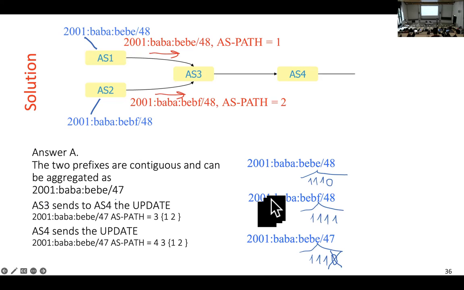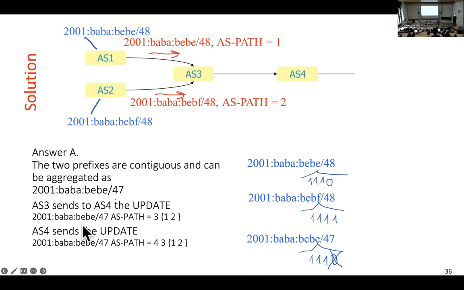But still, there is a point that is missing here, which is the fact that these two are aggregated, but the path is different. The path goes through either AS1 or AS2. BGP has already thought about that, and this is the syntax we use in such cases: the curly bracket, which means or.